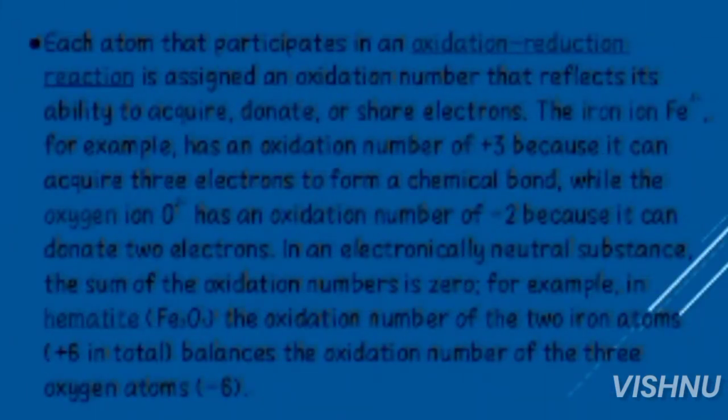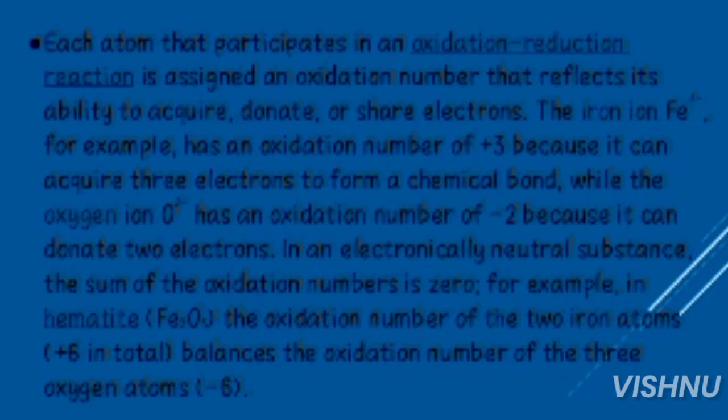Each atom that participates in an oxidation reduction reaction is assigned an oxidation number that reflects its ability to acquire, donate, or share electrons. The iron, for example, has an oxidation number of +3 because it can acquire 3 electrons to form a chemical bond, while the oxygen ion has an oxidation number of -2 because it can donate 2 electrons.